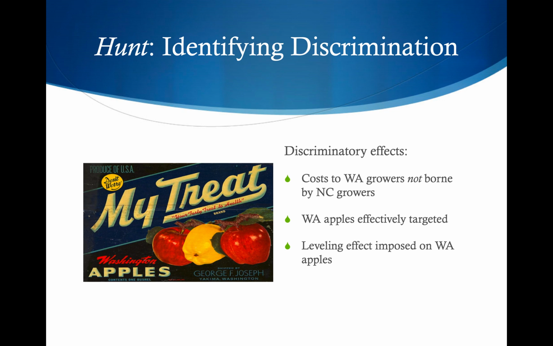So again, assume that Washington would put an A triple plus on some apples, the very best apples, an A double plus on others, an A plus on others, and then a regular A on some. So that would be four types of apples that Washington growers would sell in the market.